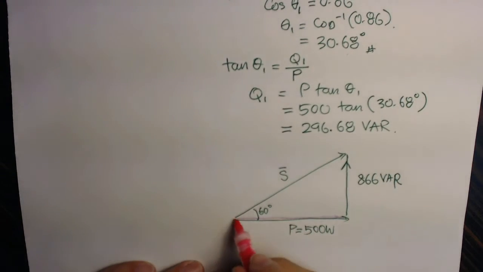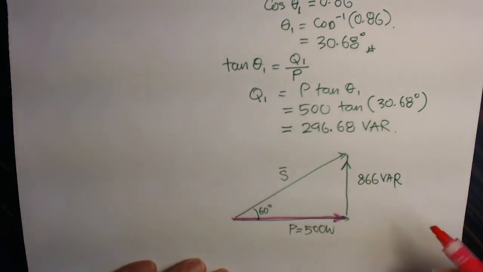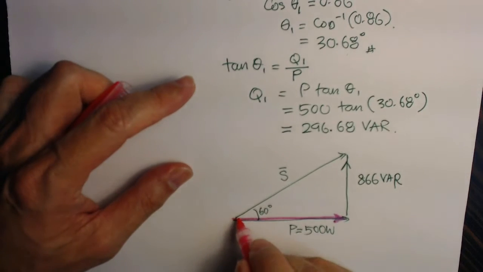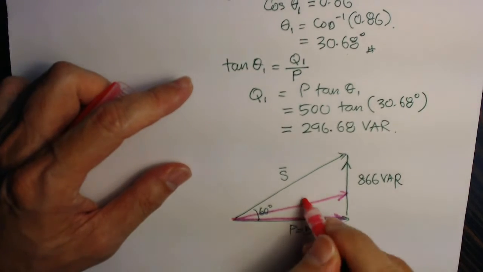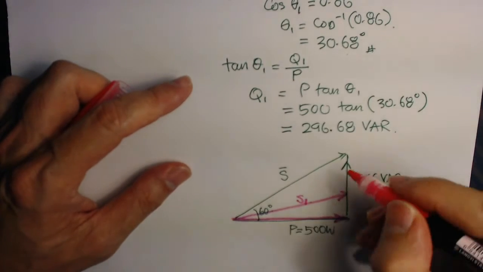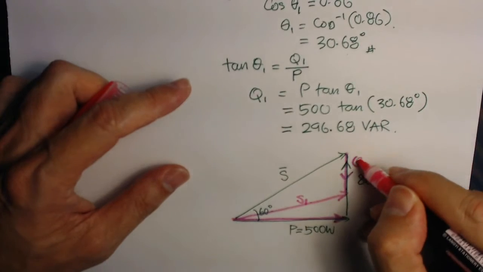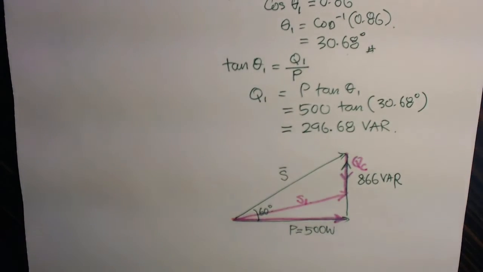Alright, the new power remains the same, but this time, because the angle is now smaller, the new apparent power is just here. That means now I need an extra reactive power, right?